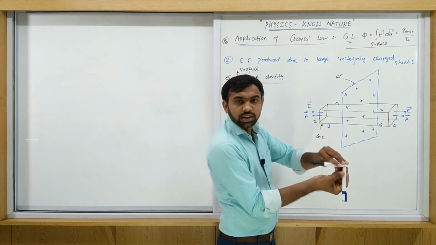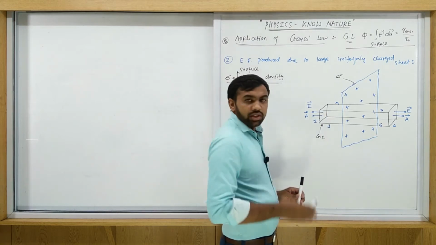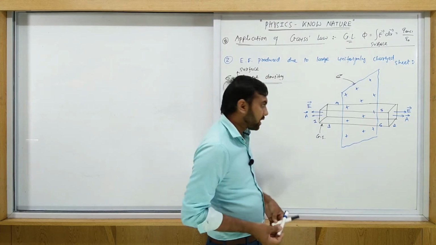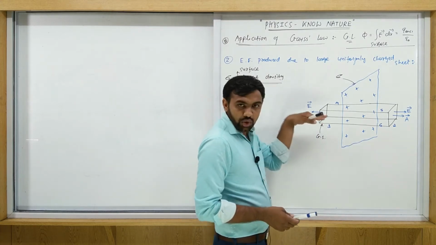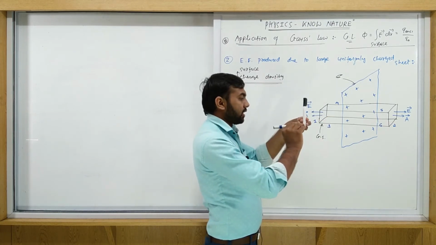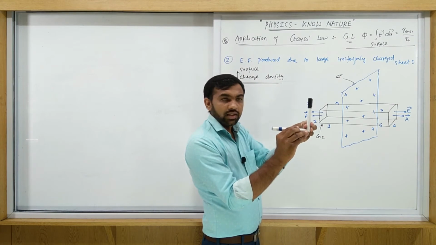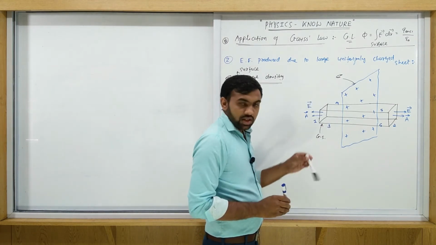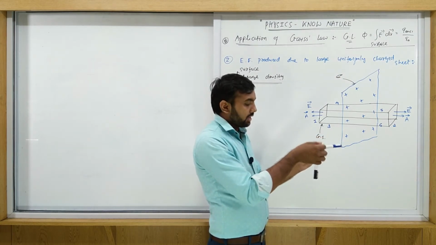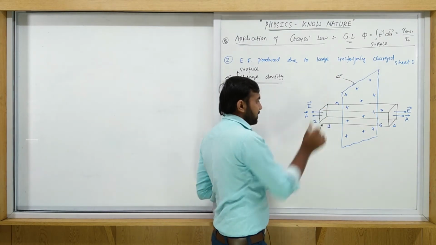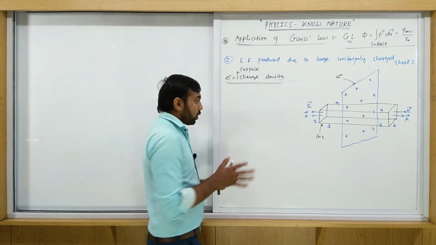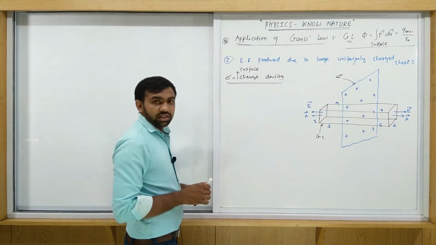It means the angle is 90 degrees. For the back face, the area vector is inside, the electric field is like this, so again the angle is 90 degrees. For the top face, the electric field is along the surface but the area vector is upward, so the angle is again 90 degrees. For the bottom face, the area vector is downward, so again the angle is 90 degrees. So for these 4 faces, flux linked is 0, because cos theta is 0. So what is the flux linked with this Gaussian surface?